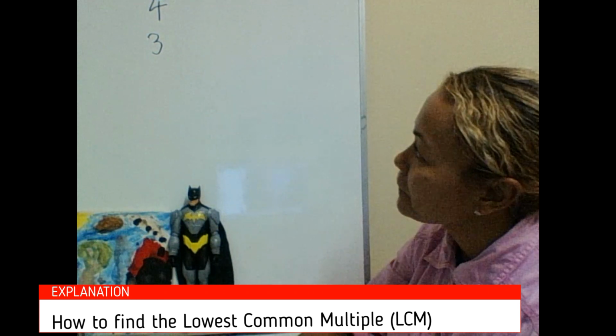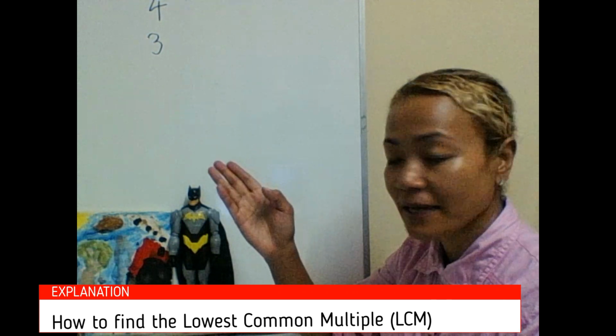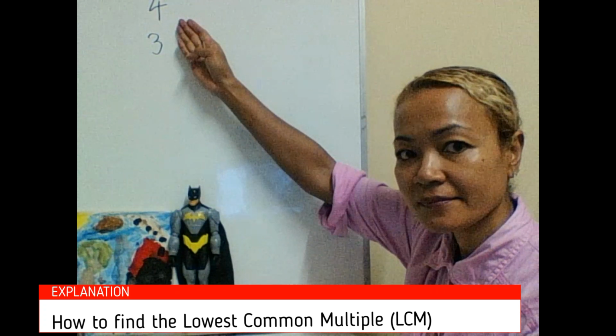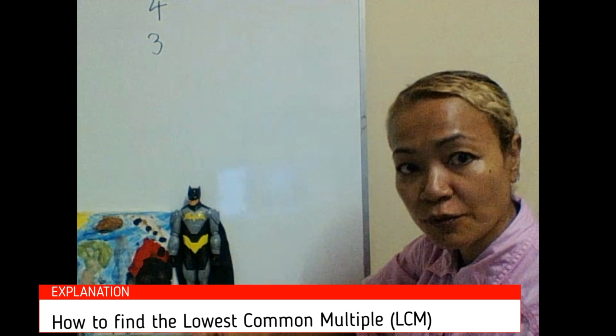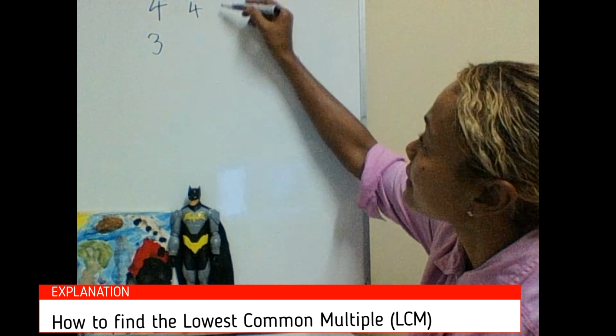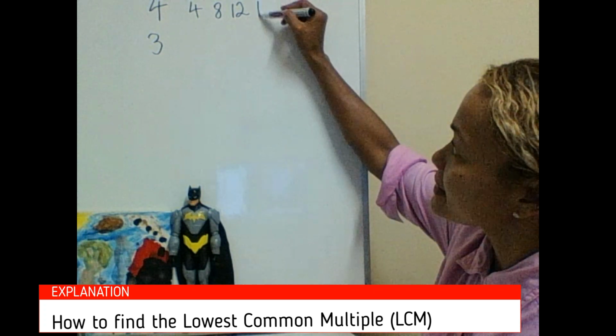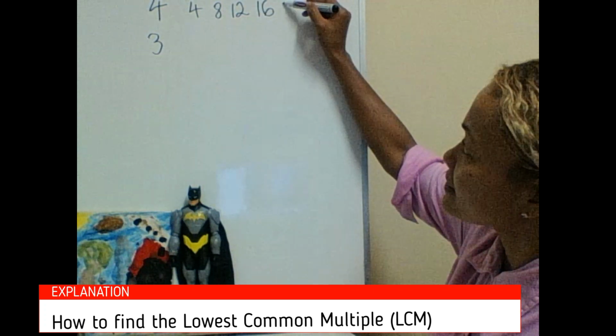Okay, so what we do is first we go to the 4 times table. We write out the multiples. So we start with 4, 8, 12, 16, right? 20.